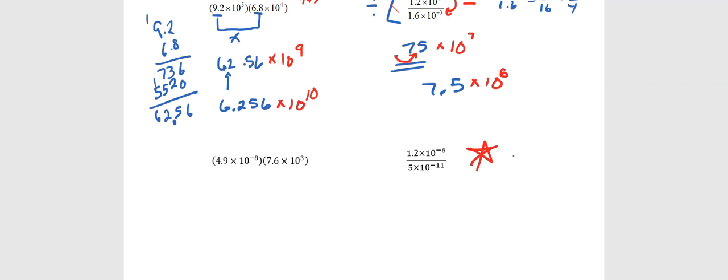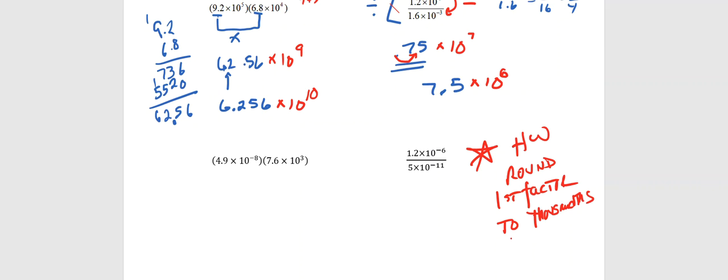So on your homework tonight, round the first factor, that's the first part of your answer, to the thousandths in your final answer, okay? So when you're ready to state your final answer, particularly with these division problems in homework, round that first factor to the nearest thousandth times 10 to whatever power. So we'll have some approximate answers.